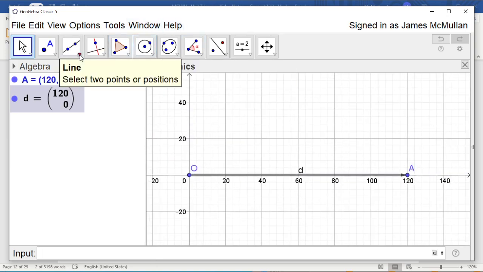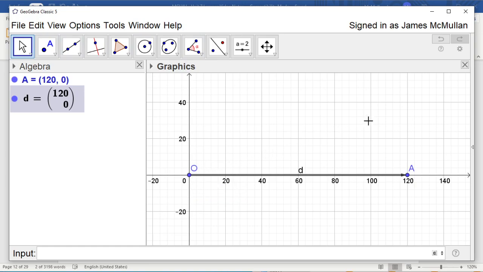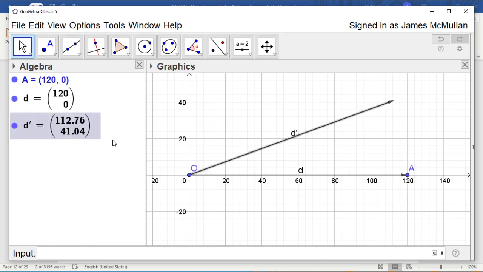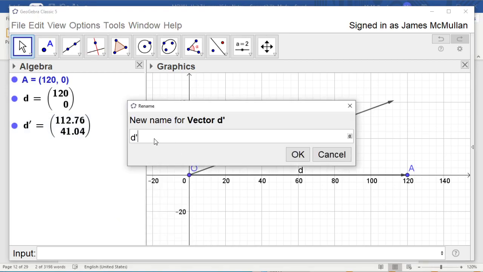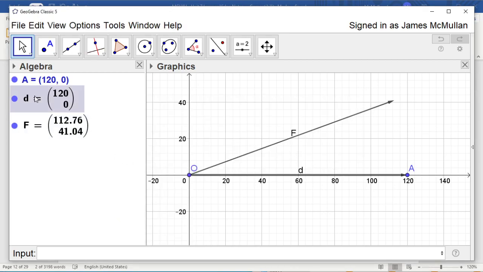Now the other vector was at an angle of 20 degrees, and it was 120. Sorry, the hill was not 120. Let's rotate vector D 20 degrees. Sorry, this is his force vector, and his displacement vector. Right, this isn't going to work.